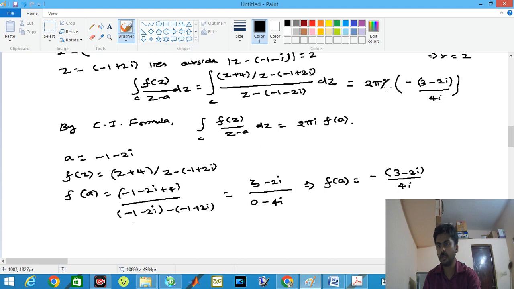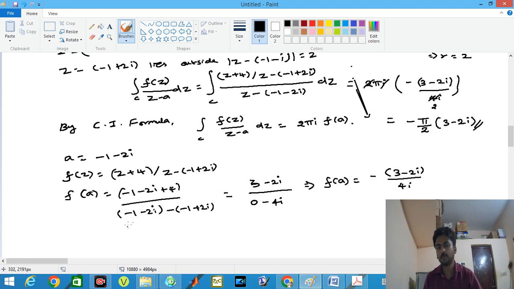So both these i will get cancelled and the 4 and 2 will get cancelled. So the answer is minus pi divided by 2 into 3 minus 2i. This is the solution. Since I am not having any place below, I am writing the answer in the previous step, but you have to write it separately.